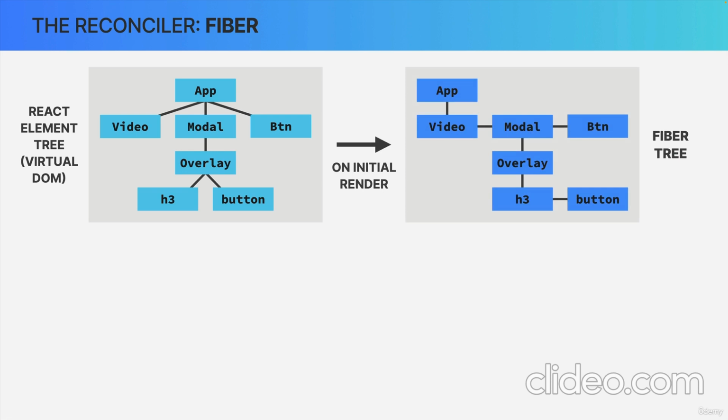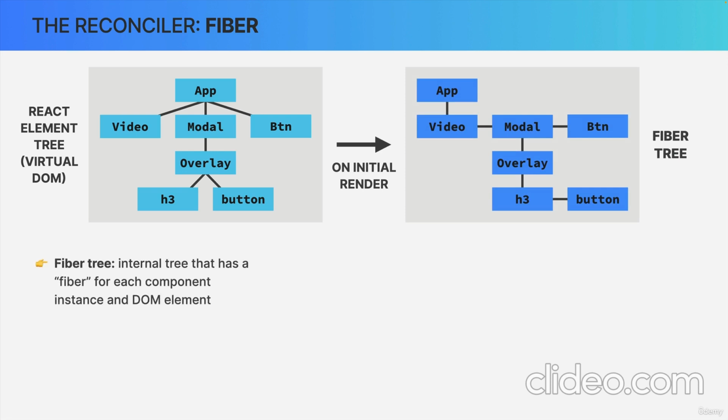The Fiber tree is a special internal tree where for each component instance and DOM element in the app, there is one so-called fiber. Now, what's special about this tree is that unlike React elements in the virtual DOM, fibers are not recreated on every render. So the fiber tree is never destroyed.